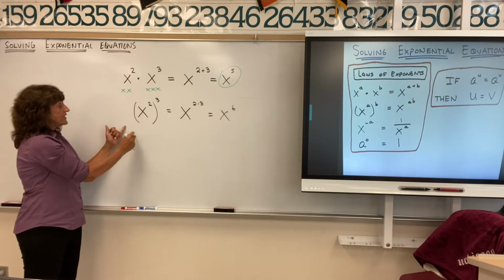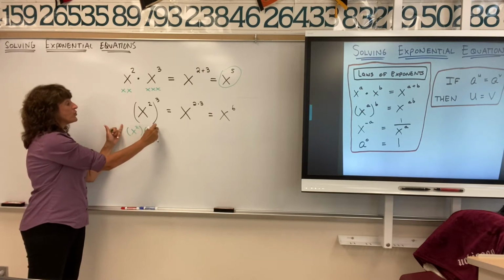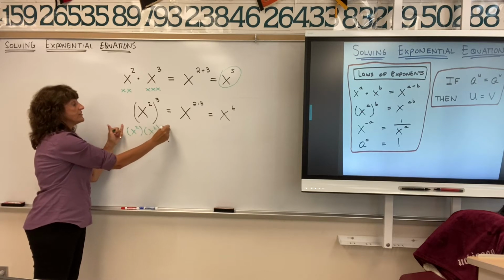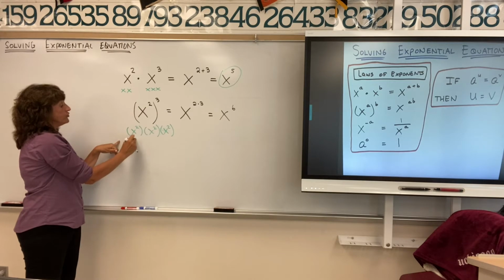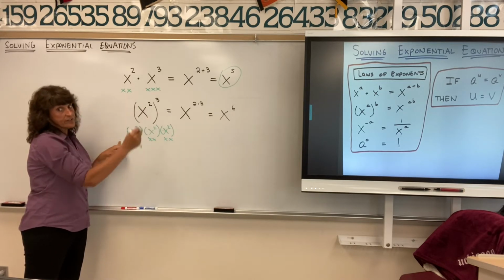This means we have 3 sets of x squareds. We have 2 of them here, 2 of them here, 2 of them here. There's 6 of them.